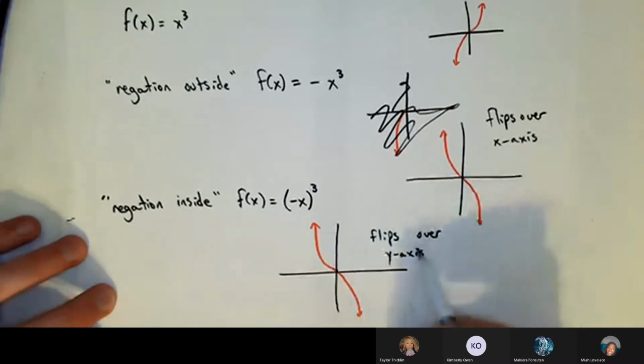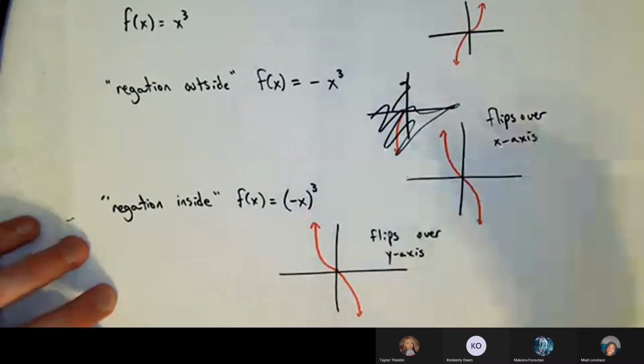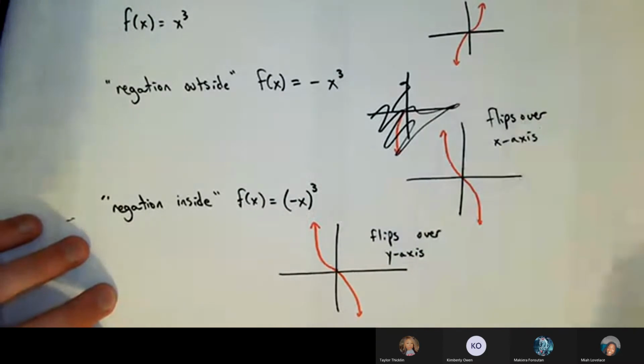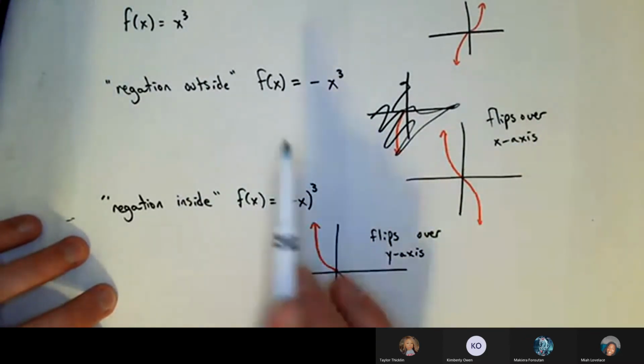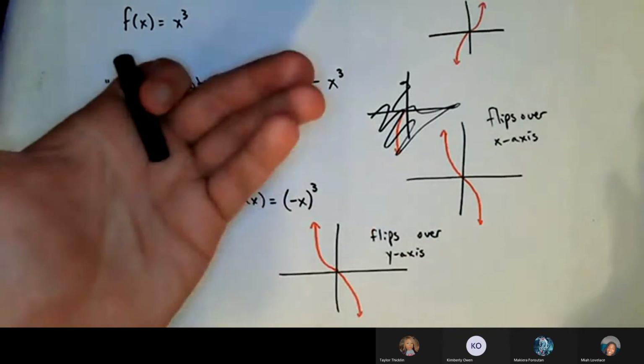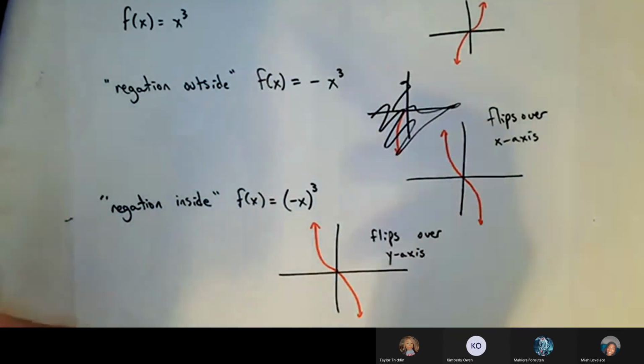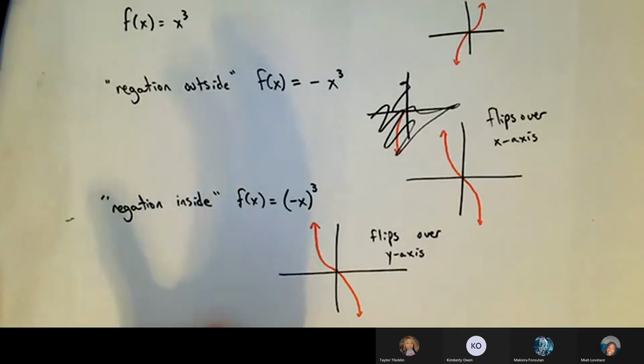So that's why I'm telling you to write down what's happening, so that when you're studying this for other functions, like a parabola, like an x squared graph, you can know that negating outside will flip the parabola over the x-axis, and negating inside will flip the parabola over the y-axis, which in that case doesn't do anything, right?